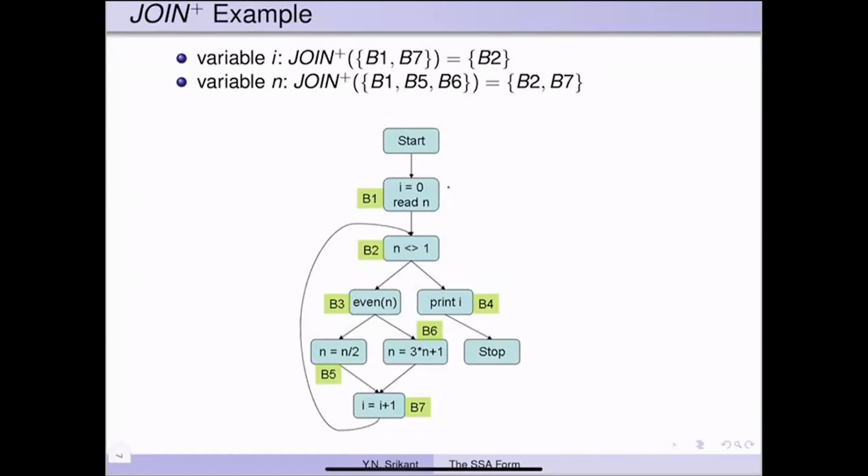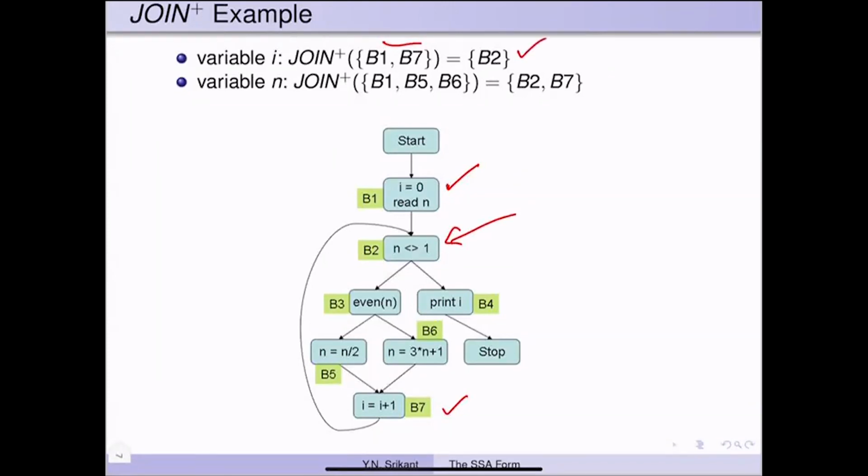If you consider the variable i, it is assigned in B1 and it is assigned in B7 also. So our S will consist of B1 and B7. Now what is the join plus operation on B1 and B7? They converge at B2, right?